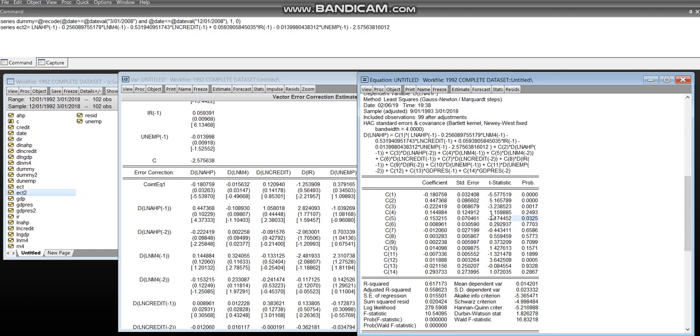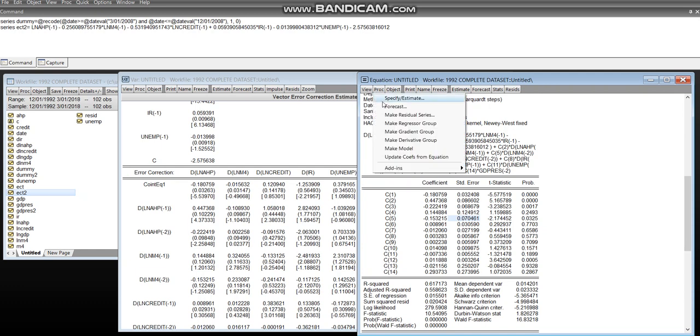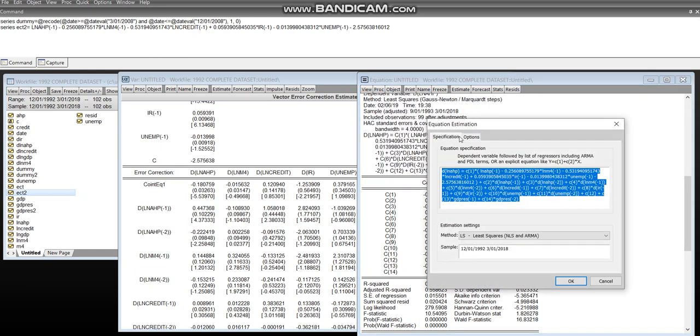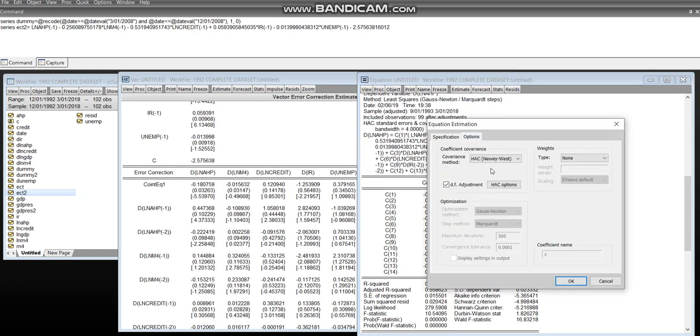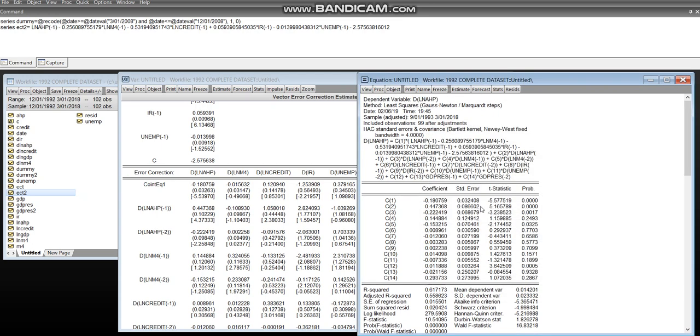Now, why could it be that this is suddenly significant at the 5% level? Well, the short answer is that we used the Newey West estimators, if you remember. And what does this do? Even though the coefficients remain the same, the standard errors are different.